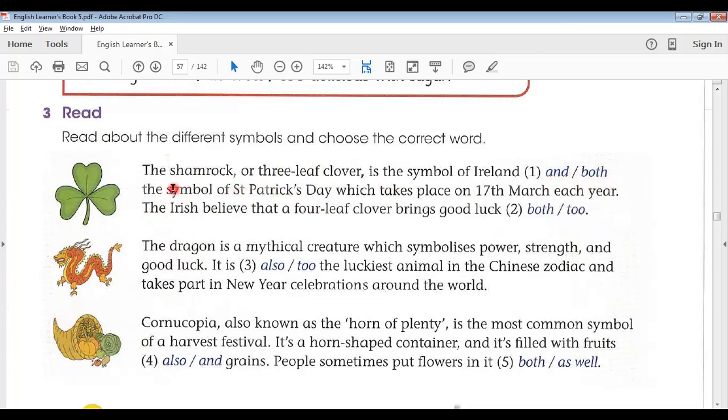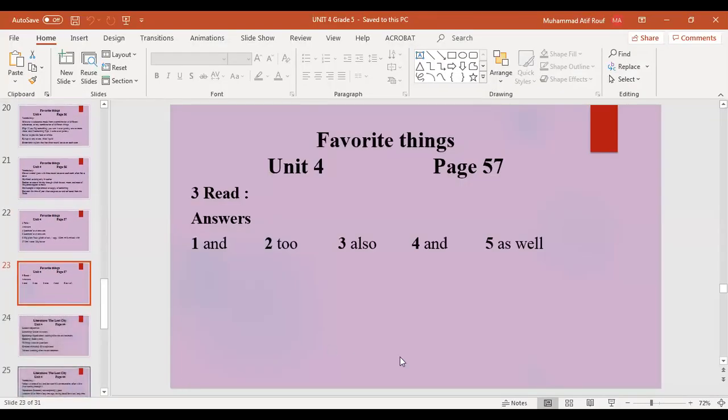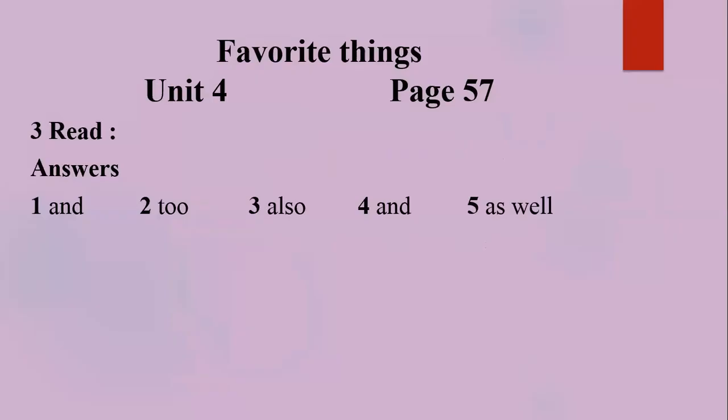For example, the shamrock or three-leaf clover is the symbol of Ireland and the symbol of St. Patrick's Day, which takes place on 17th March each year. The Irish believe that a four-leaf clover brings good luck too. So same like that, we chose the correct options in all three descriptions, and then I displayed the answer as well.